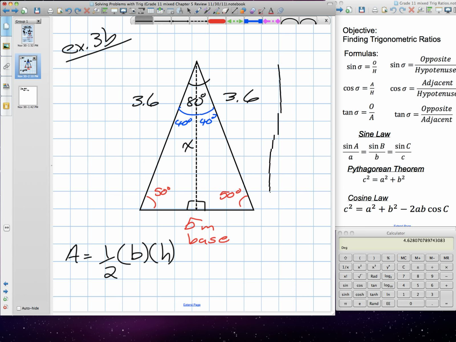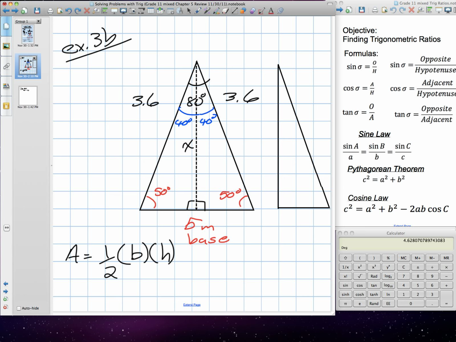Let's do this. So essentially we're working with this triangle. Because we're only working with half of the base, we'll be working with half of 5. So 5 divided by 2 is 2.5 meters. Our angle is still 50. We still have a 3.6 on this side and 40 degrees here.